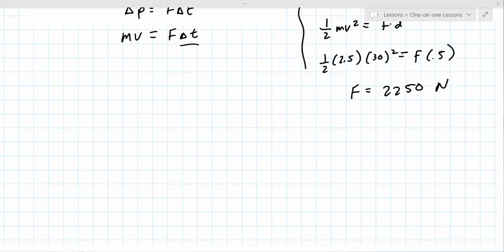So it says a large constant force acting over a long time interval causes a large change in momentum. So A for that. All right. Two objects stick together and move at the same velocity after colliding. That seems like an inelastic collision.